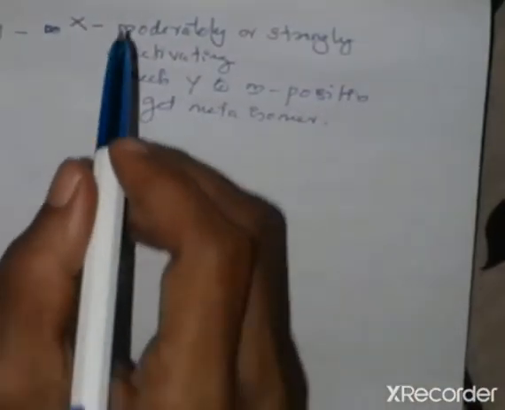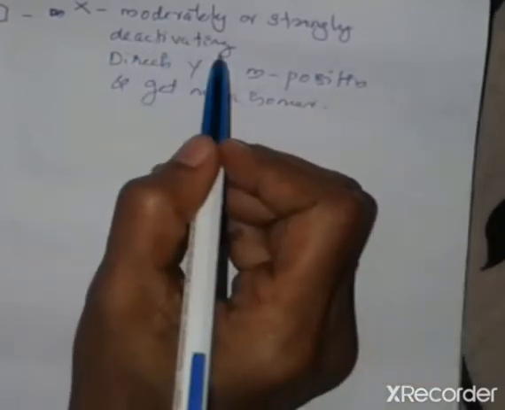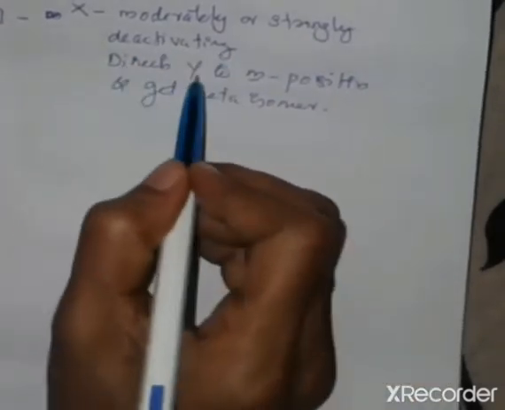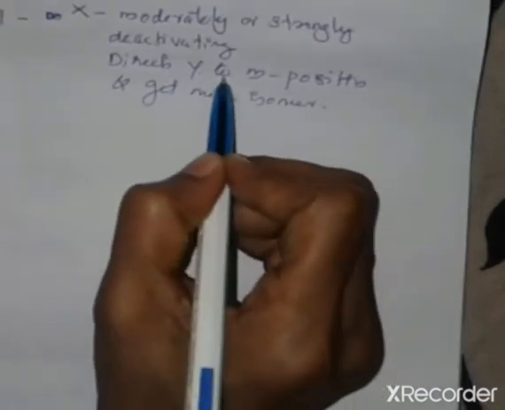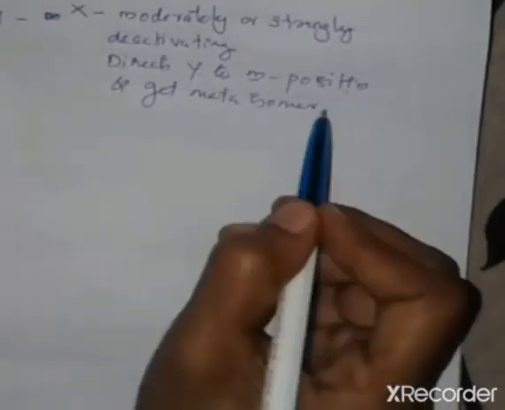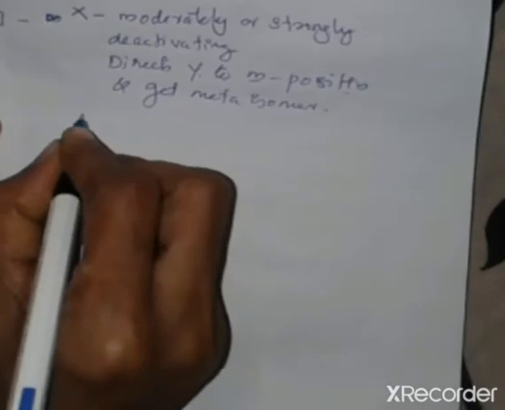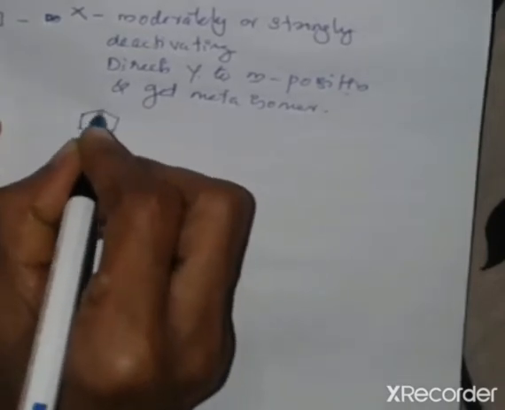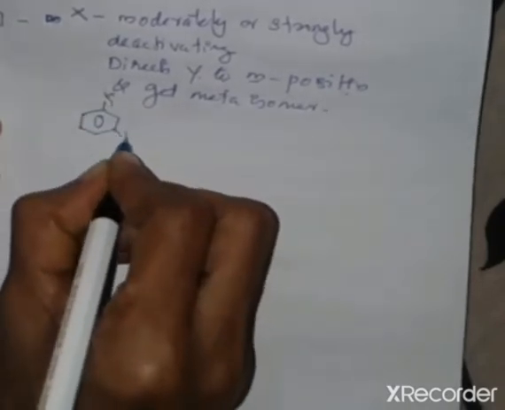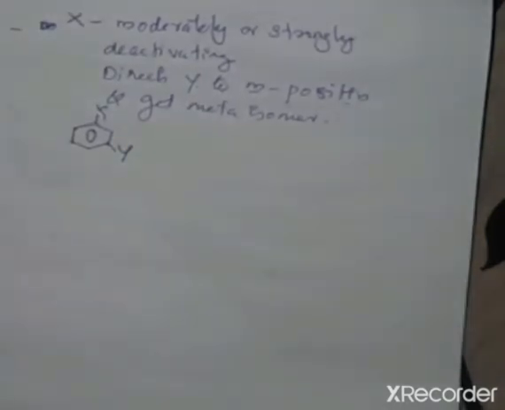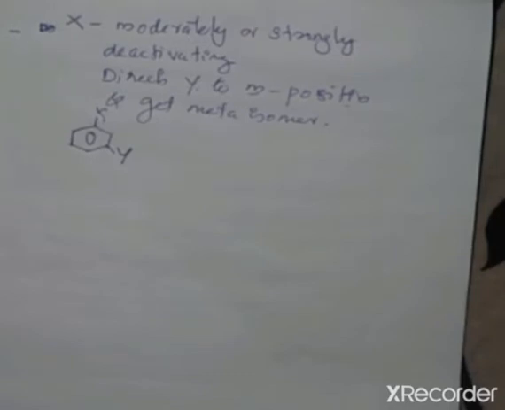If X is a moderately or strongly deactivating group, it directs the incoming electrophile Y to the meta position and we get the meta isomer. That is, if X is an activating group or weakly deactivating group, it directs the incoming electrophile to the ortho or para position and we get the ortho para isomer.